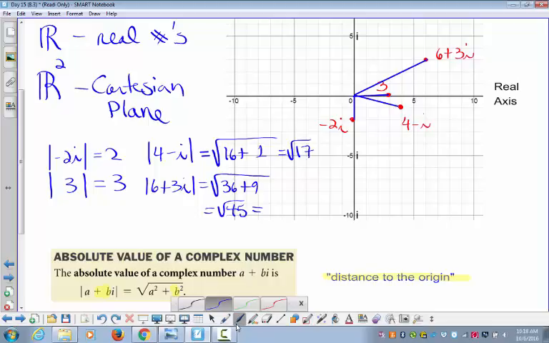So that'd be 3 root 5. So that would be the distance to the origin for that. Okay, so nothing crazy so far. Really just using ideas that we've already been using most of the semester. Radial distance.